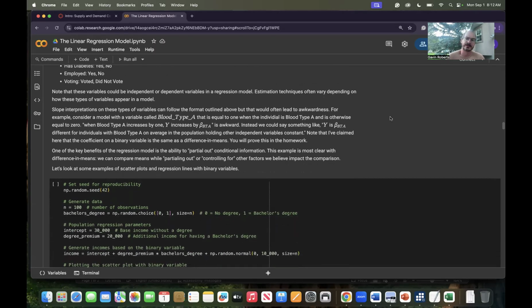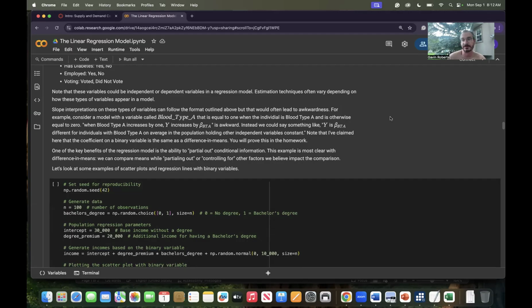So really quickly, because we just went over slope interpretations, we could say when blood type A increases by 1, cholesterol increases by the slope. That would be weird because blood type A is a variable that is yes or no, and it's 0 or 1. So it's kind of weird to say when it increases by 1.